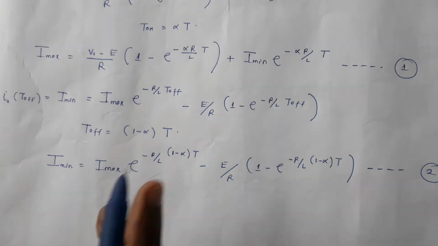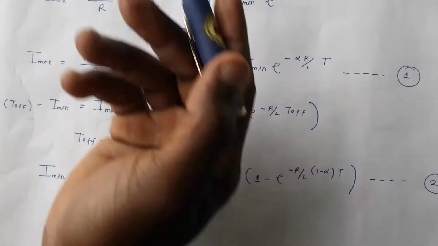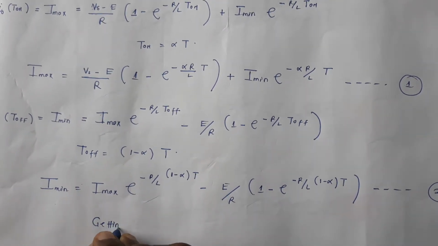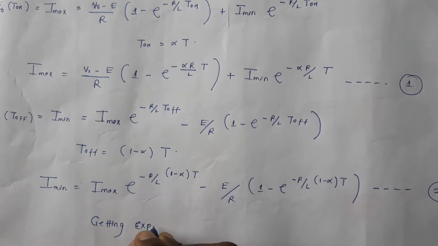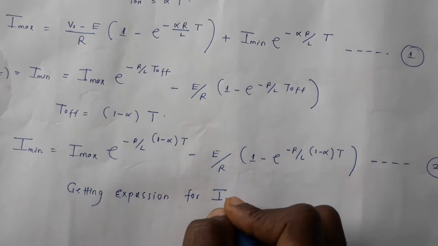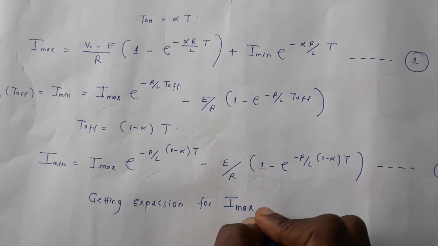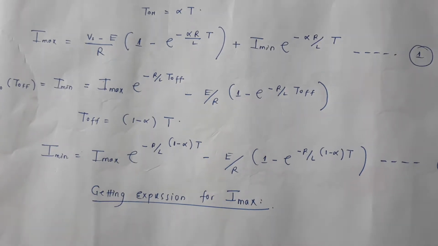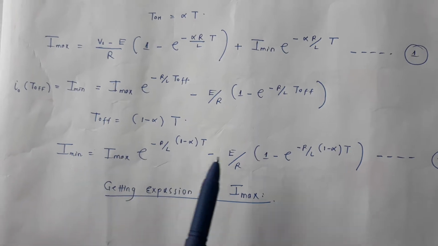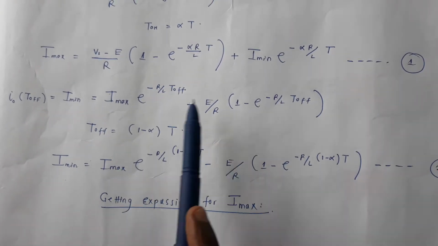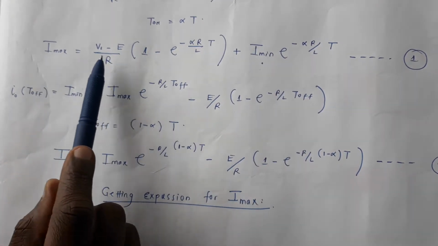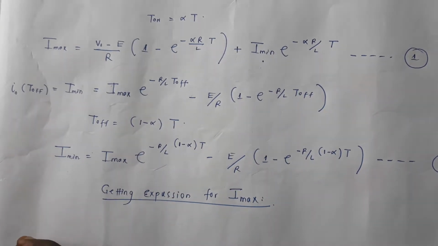Now, from these two expressions, we can obtain expressions for Imax and Imin. Let's begin with Imax. To get the expression for Imax, we will use equation 2 and put it inside equation 1, do the necessary substitution, and make Imax the subject of the formula. It's algebra.